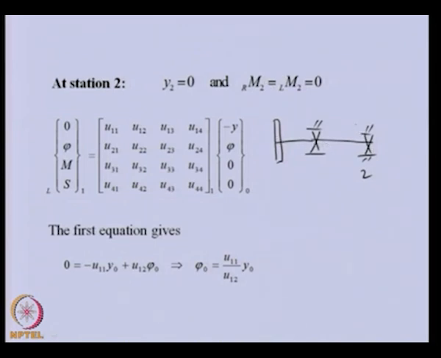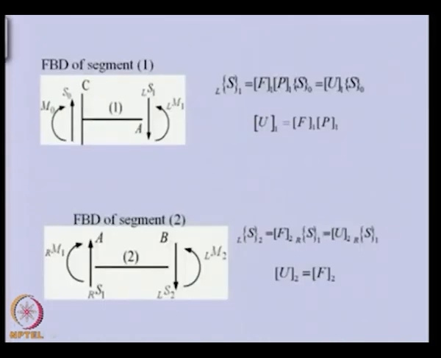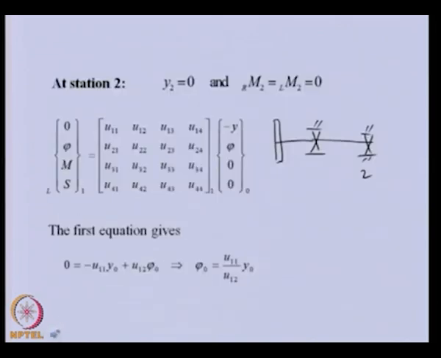Now, let us see this equation corresponding to the first equation which we wrote. This equation is relating the state vector at 0 and left of support 1.